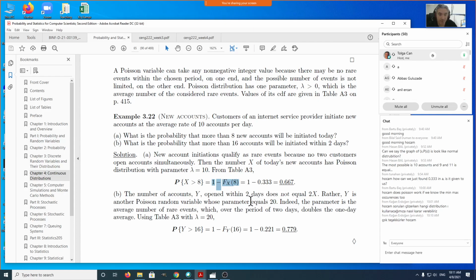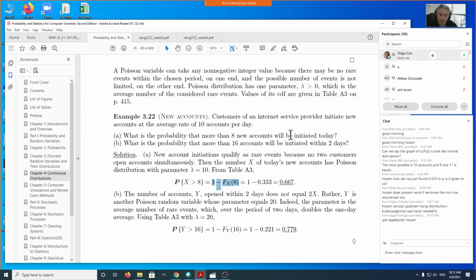So you will have access to these infinite tables for Poisson, all these cumulative distributions. We may also provide those function names. If we allow you to use Octave Online, we can give you a reference saying, okay, this is the Poisson CDF, this is how you use it, this is the binomial CDF, this is how you use it. So don't worry about it. You don't need to memorize any function names.